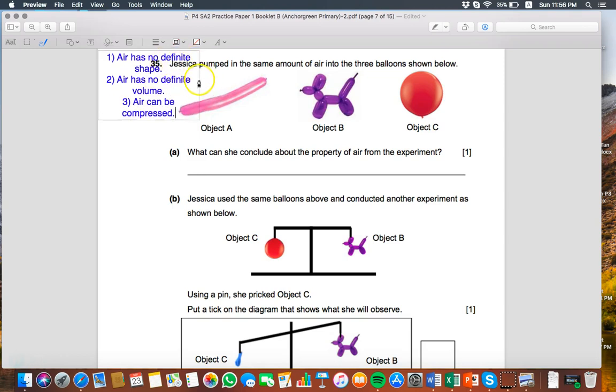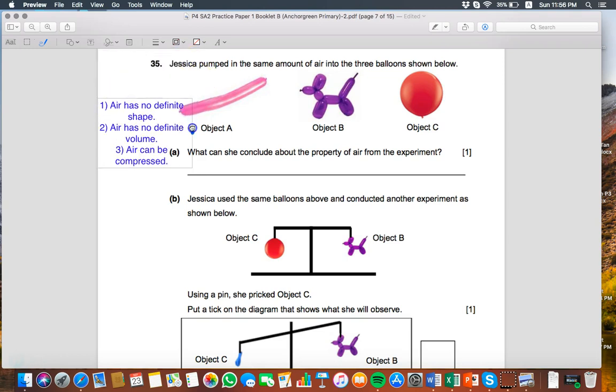So these 3 are the properties of air. Which one can we apply to this question? You can see that the same amount of air can be used to make different objects of different shapes. So in this case, the best answer would be air has no definite shape.